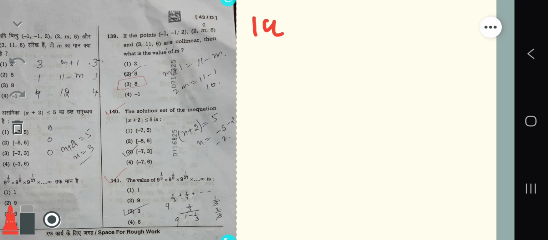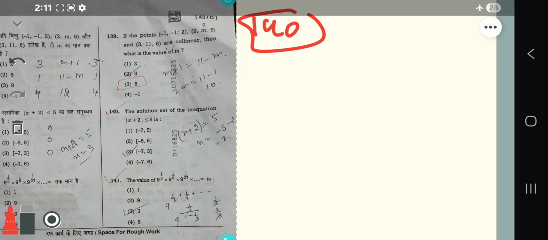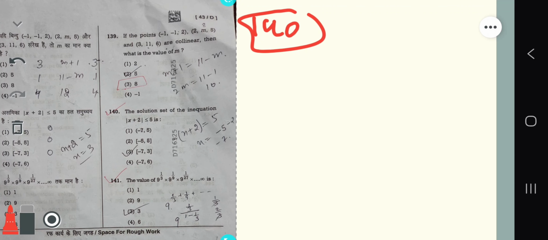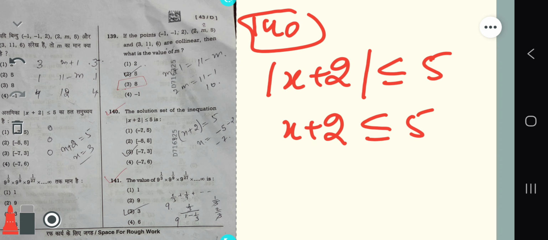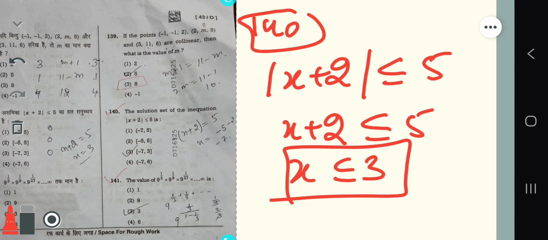Question number 140. We have to find the set of solution of the inequality mod x plus 2 less than equal to 5. So simplifying this, once x plus 2 is less than equal to 5, from here we will get x less than equal to 3, right?